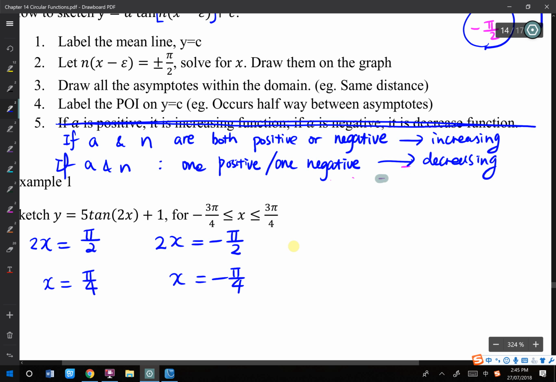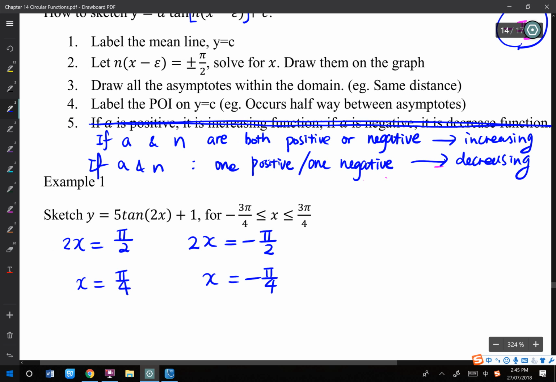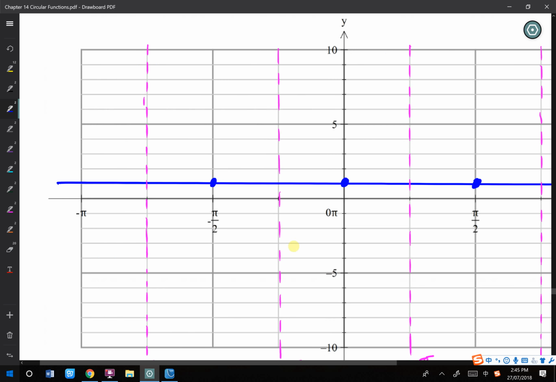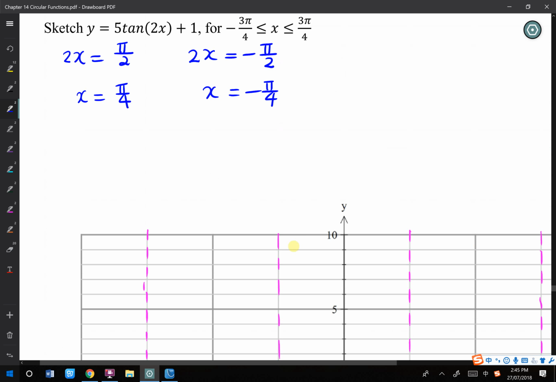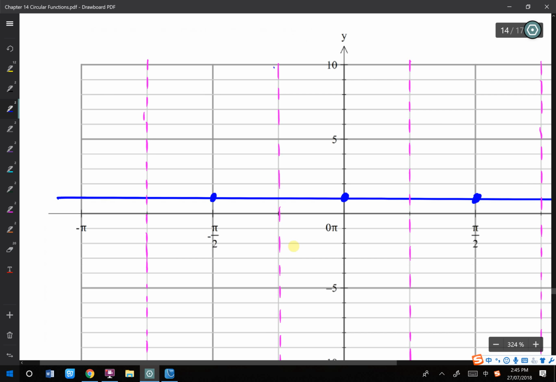So, do we have a positive graph or negative graph then? Positive. They're both positive. So we have a positive graph. We can sketch that.